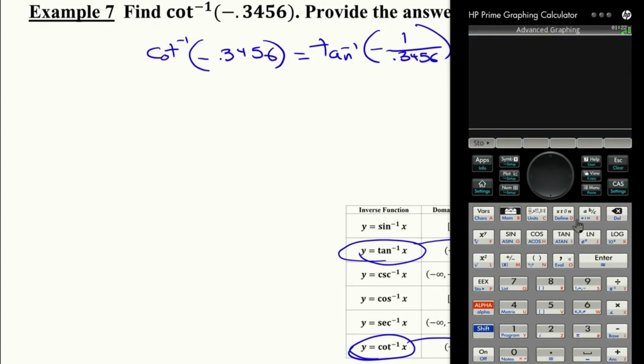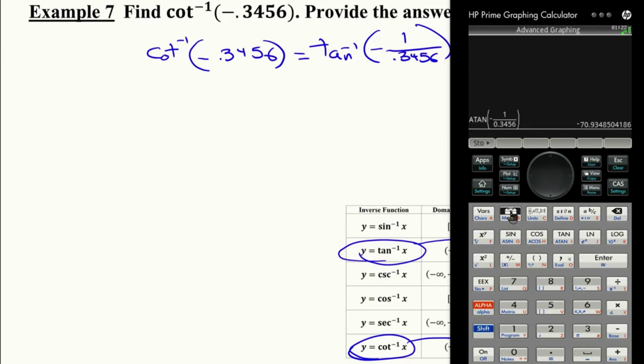Now we're going to type inverse tangent of negative 1 over 0.3456.